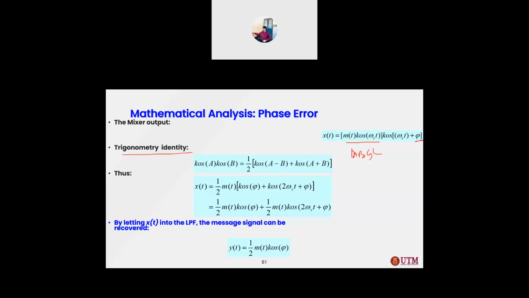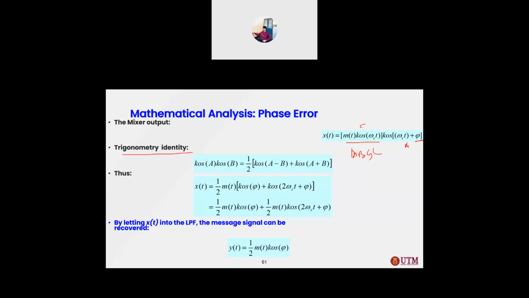So you use this trigonometry identity. You have here cos A cos B. For example, you can put this one as cos A and this one as cos B, depending on what you want to put. But it should be cos A cos B equals half of cos(A minus B) plus cos(A plus B).